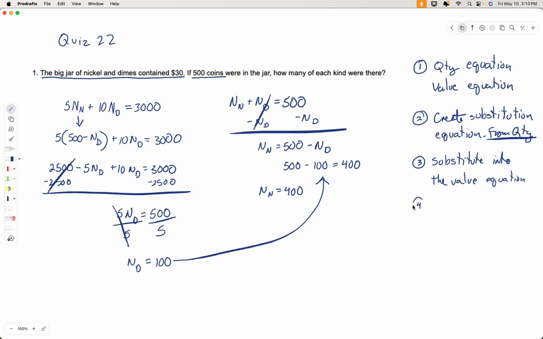And then finally use the new value to sub into the substitution, the quantity substitution.